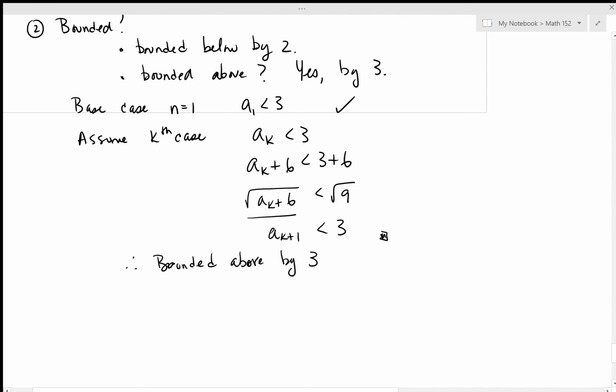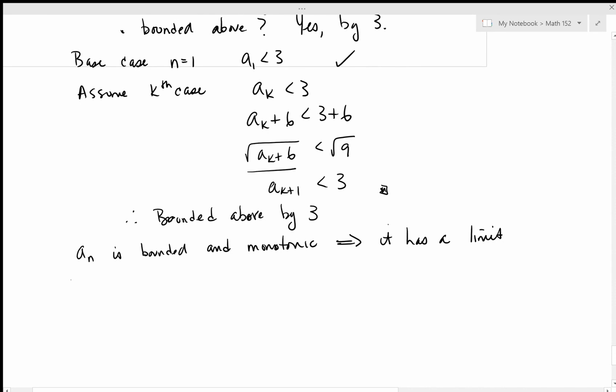Okay, so the sequence that I have, a_n, is bounded and monotonically increasing. Therefore, that implies it has a limit. The whole reason I'm doing this is because I can then make this statement: the limit as n goes to infinity of a_n is equal to L. This thing actually exists.